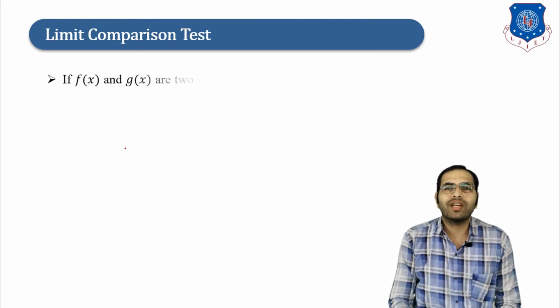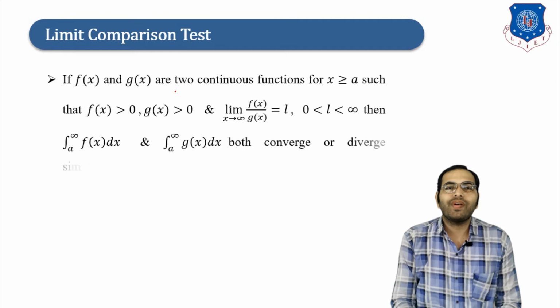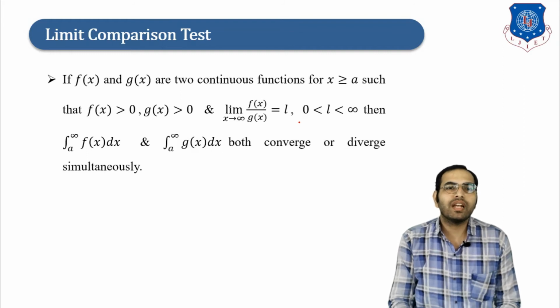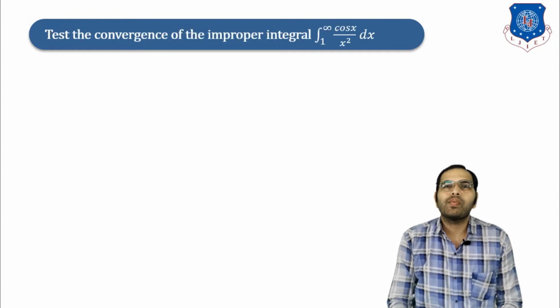If f of x and g of x are two continuous functions for x greater than or equal to a, such that f of x is greater than 0 and g of x is greater than 0, and the limit as x tends to infinity of f of x by g of x equals L, which is finite and non-zero, meaning 0 less than L less than infinity, neither 0 nor infinity, then the integral a to infinity f of x dx and the integral a to infinity g of x dx both converge or both diverge simultaneously, meaning either both functions are convergent or both are divergent together.